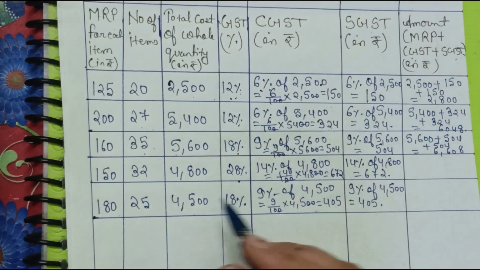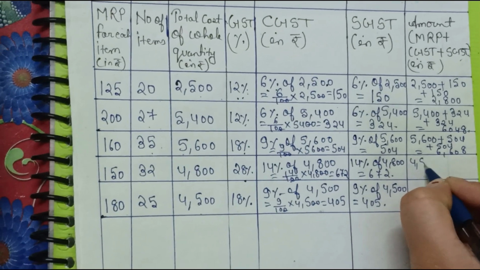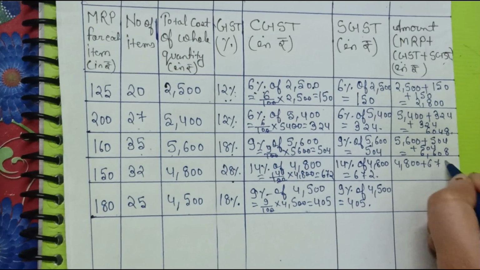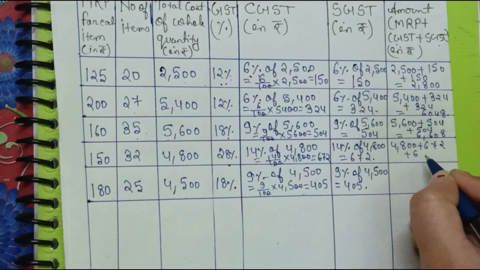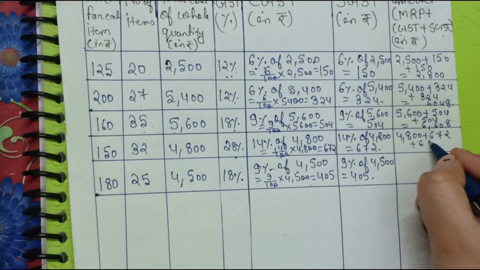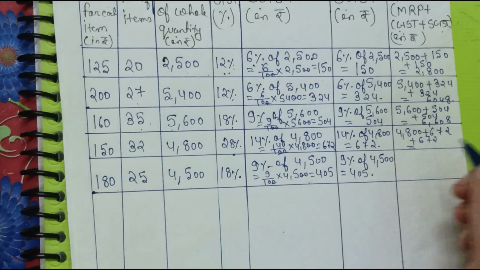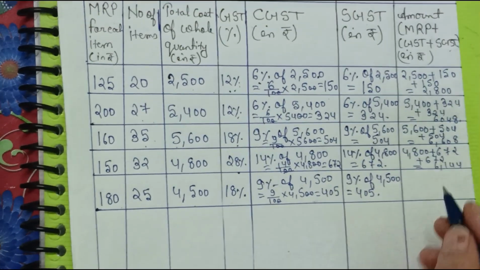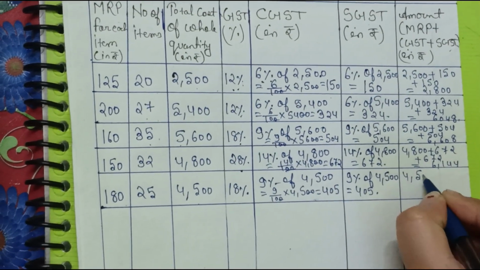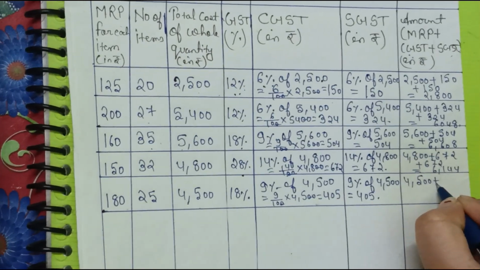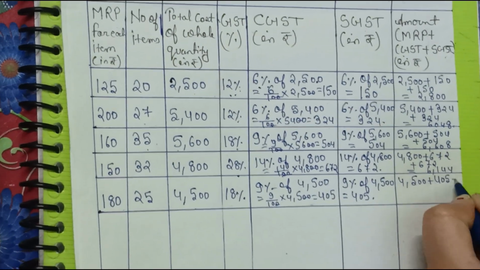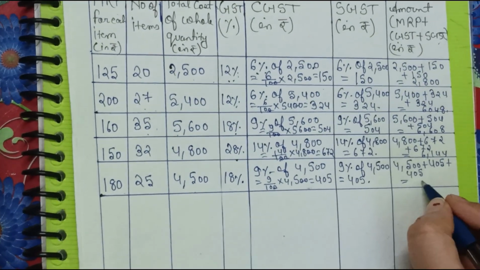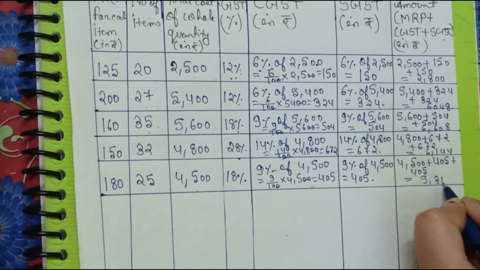Here MRP is 4,800 plus CGST 672, SGST 672 equal to 6,144. Here MRP is 4,500 plus CGST 405, SGST 405, and the amount is 5,310.